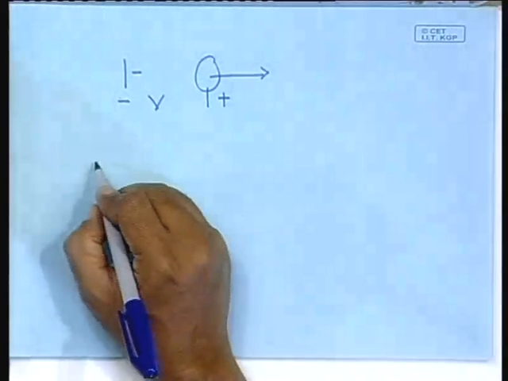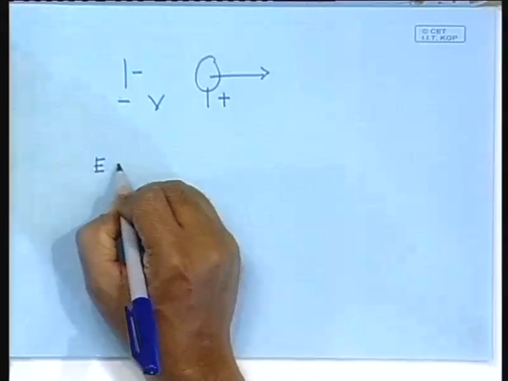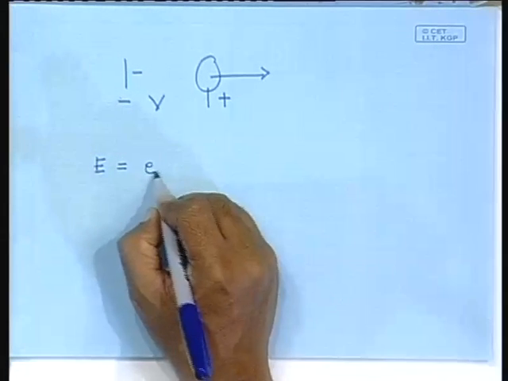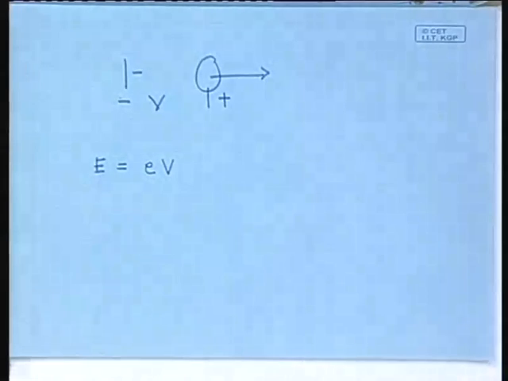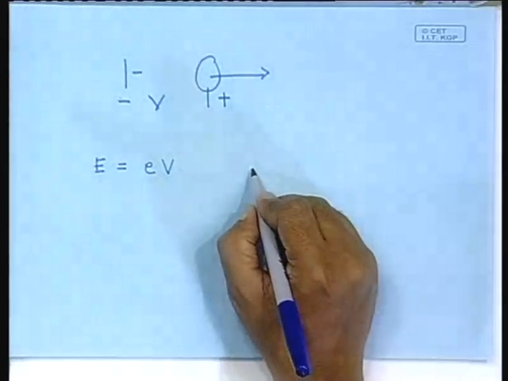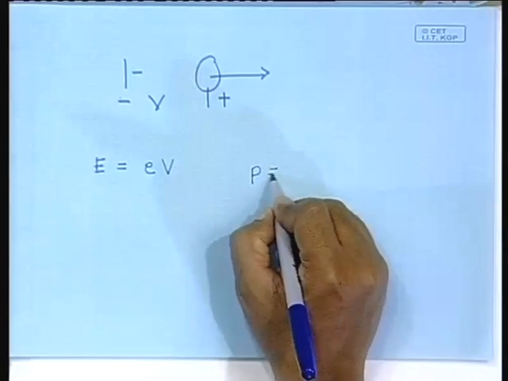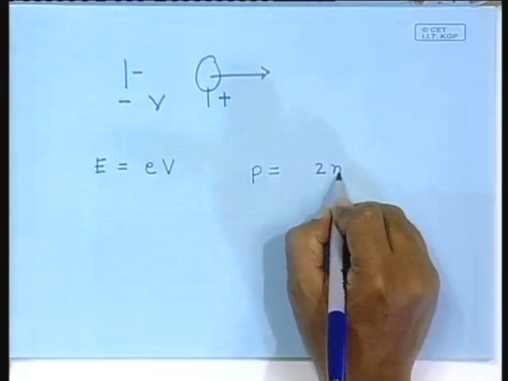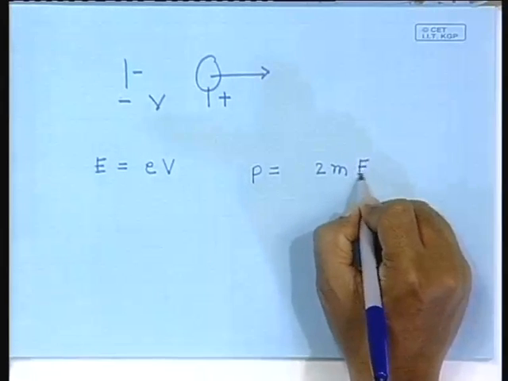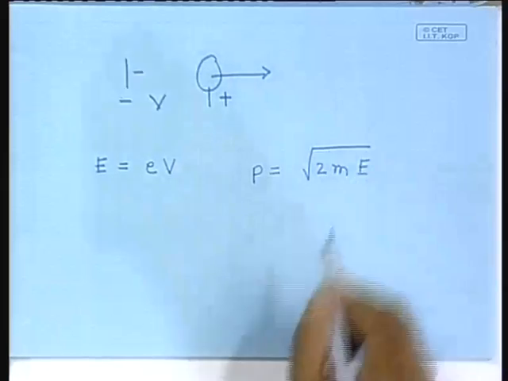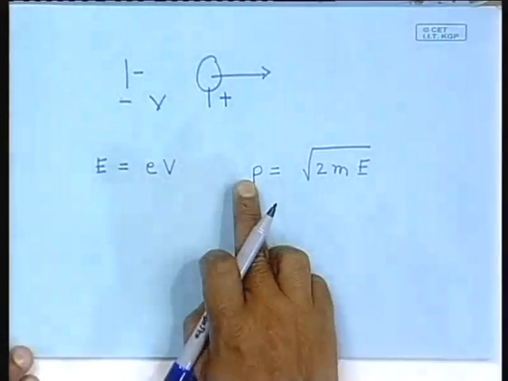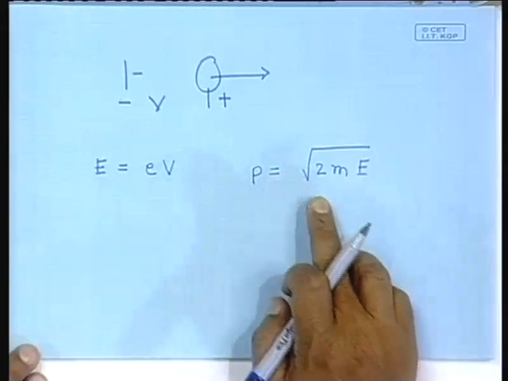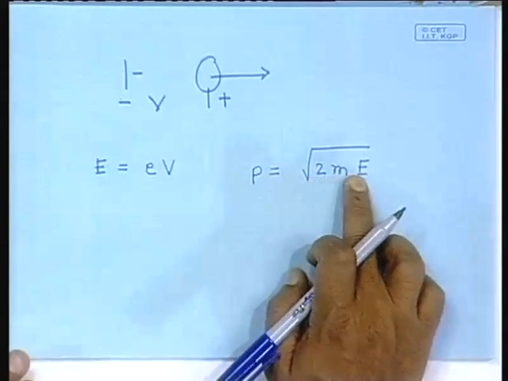So, the energy of the electron when it comes out, which goes through a potential difference V, is the charge of the electron times the potential difference, and the momentum of the electron is the square root of 2mE. We are assuming that the electron is non-relativistic, so E is p squared by 2m, or the momentum p is the square root of 2m times the energy of the electron.